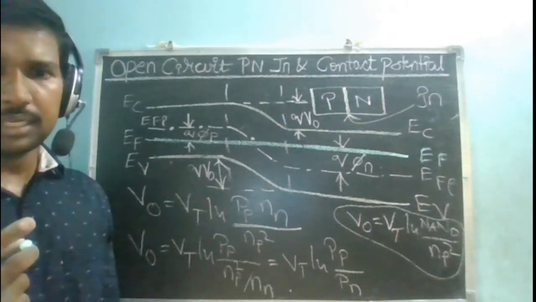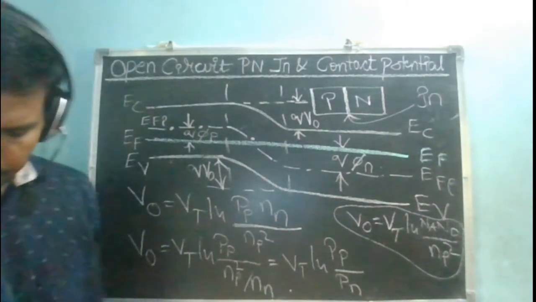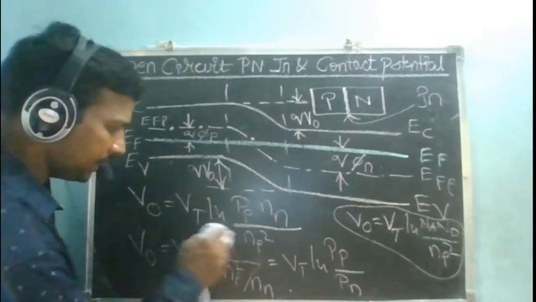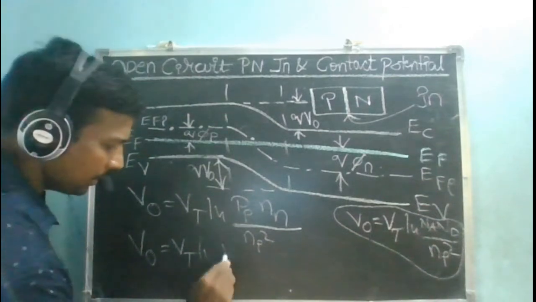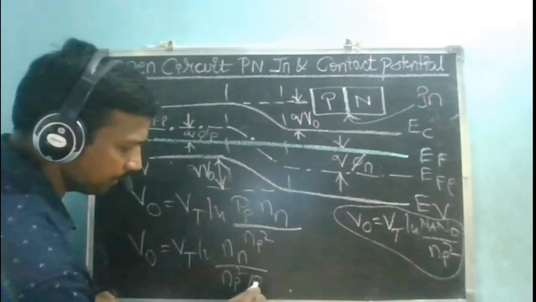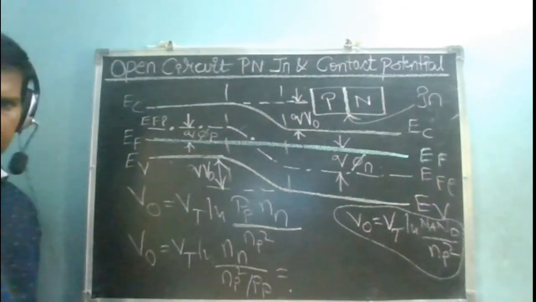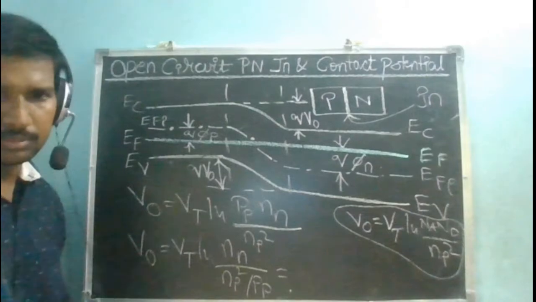Suppose I write it in a similar way in terms of n. Instead of writing this, I can even write like this: Vt ln Nn by Ni square by Pp. Can I write like this? Yes, I can, because this Pp is going to go onto the numerator, so both equations are the same.